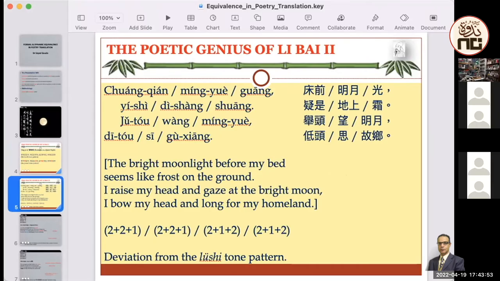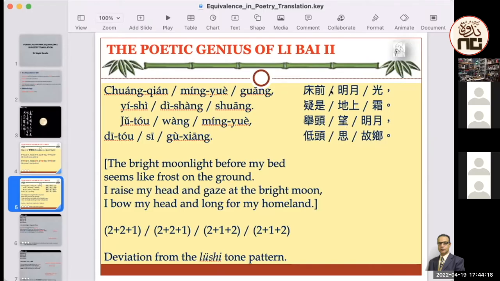These groups are called 音组, sound groups. But this 音组 in English means the foot, F-O-O-T. In Chinese, 音部. Bu here is the foot.